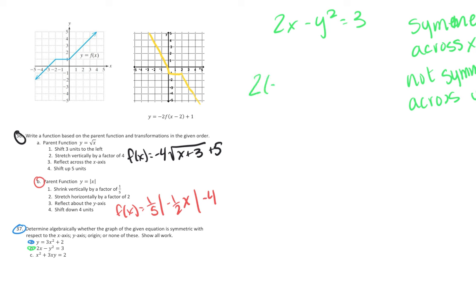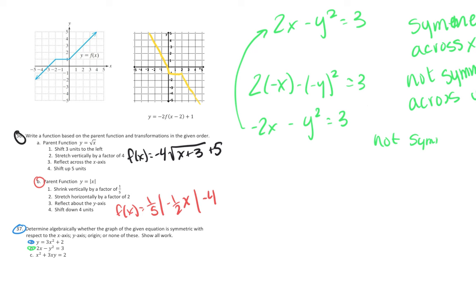So maybe we get 2 times negative x minus negative y squared equals 3. And then we get negative 2x minus, that turns into a positive y squared equals 3. But this is still not the same as our original function. So it is not symmetric across the origin.